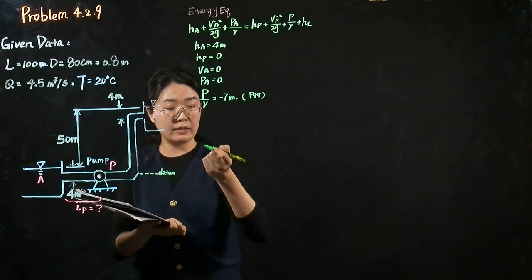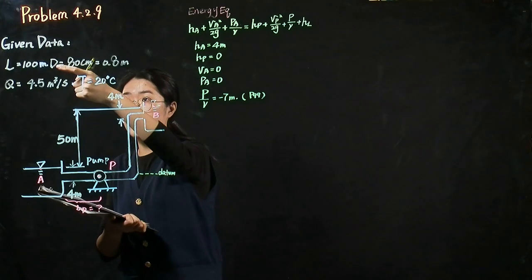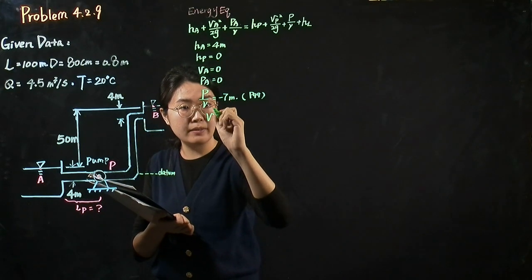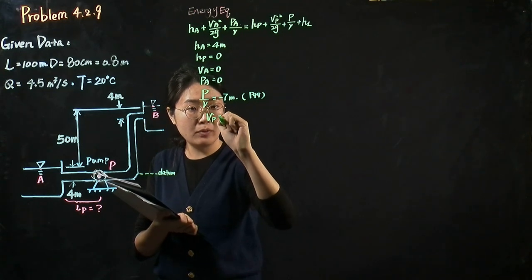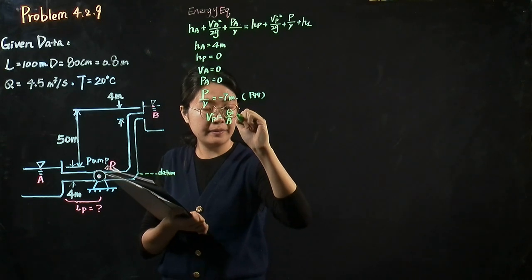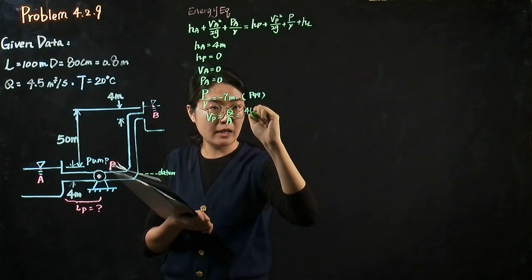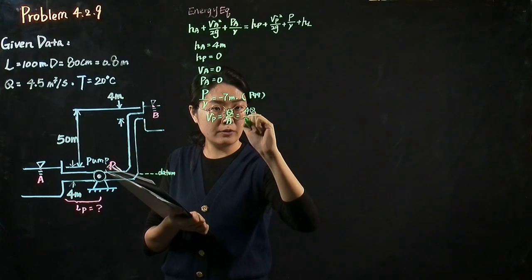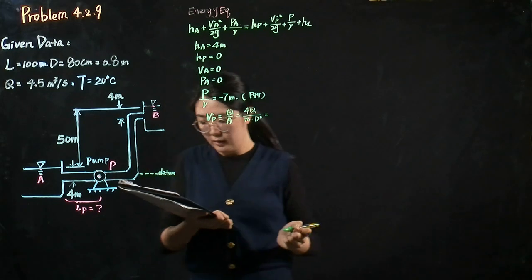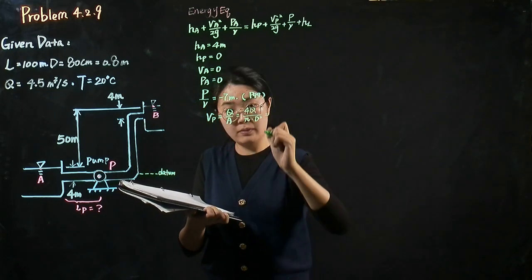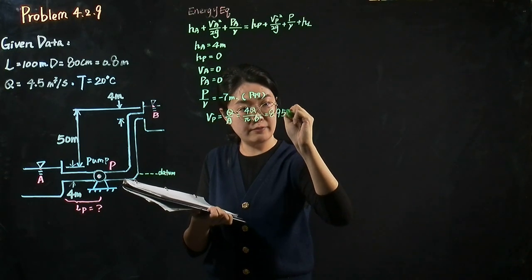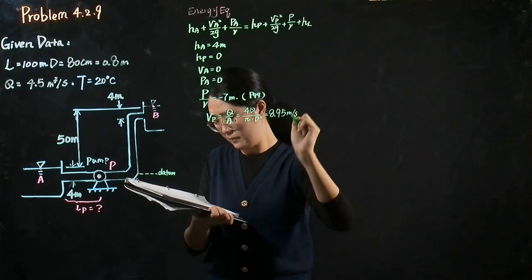And because the flow rate and diameter are given, we can also calculate the velocity at point P. It equals Q over A, equals 4 times Q over pi times D squared, which equals 8.95 meter per second.